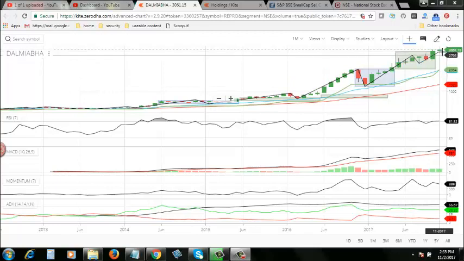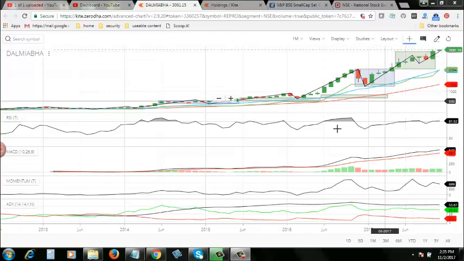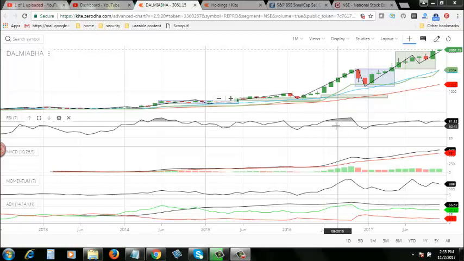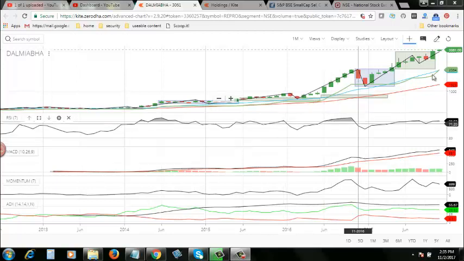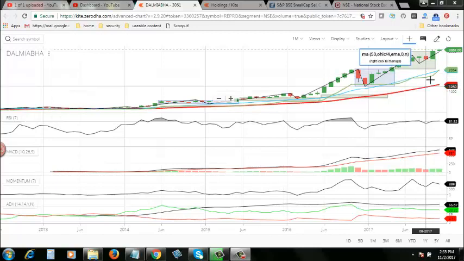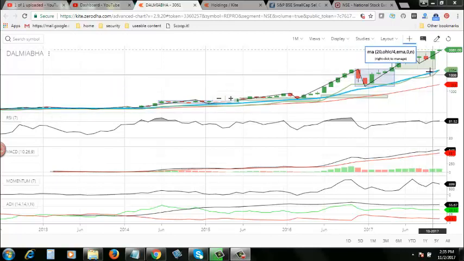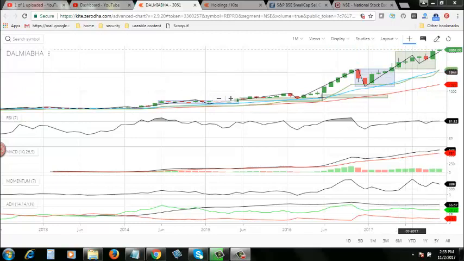Today it is November 2nd, and this stock is trading at 3000 rupees, 3061 rupees. That is very good. Actually it has been making continuous highs now, and it already crossed its 20-day moving average, 50-day moving average, and it is under the influence of the positive super trend mode. Okay, that you can clearly see.